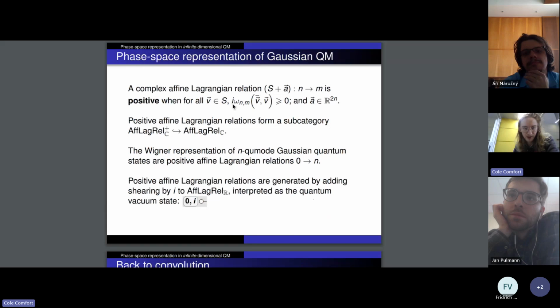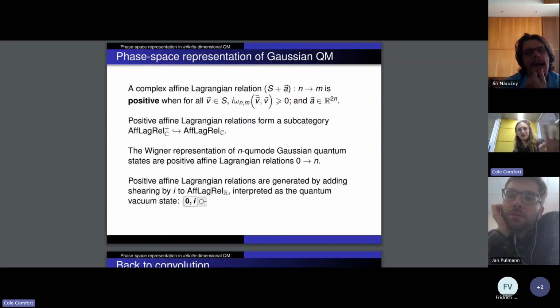So if you take the symplectic form and you multiply it by A and evaluate it on all of the elements of your basis with themselves, that this is greater than 0 for all of the elements of the subspace, and where you also ask that the affine shift is a real number and not just complex, then I'm calling this a complex or a positive affine Lagrangian relation, and this forms a subcategory.